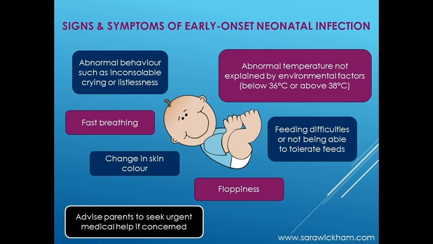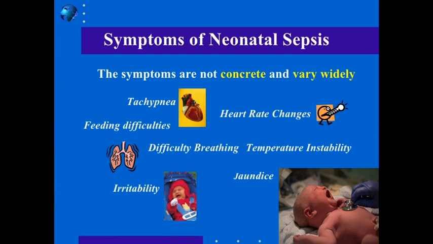Then the mother has to carry the baby to the neonatologist for further investigations. In late onset neonatal sepsis, these are the symptoms. There will be tachypnea, that is increased respiratory rate.